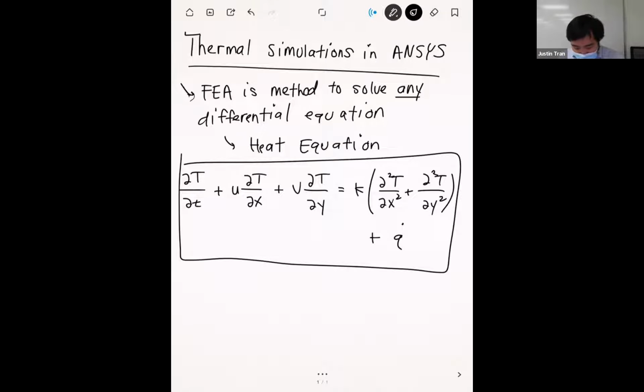Let's go over some of the key terms here. We have T, obviously. Big T here is the temperature. U and V here are the convection velocities.